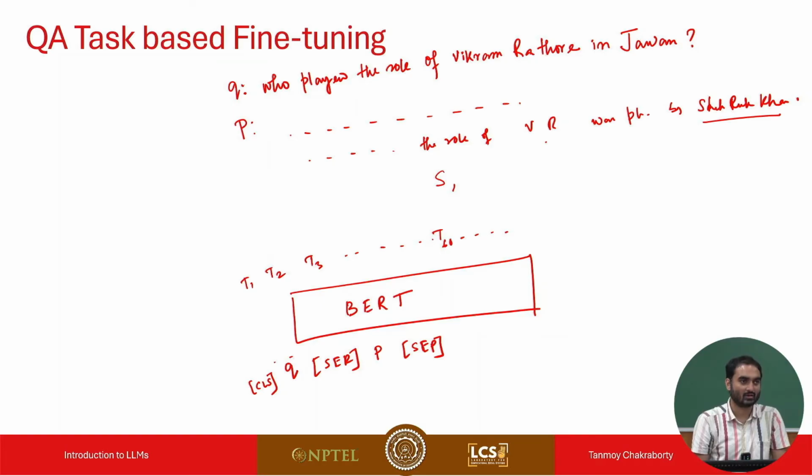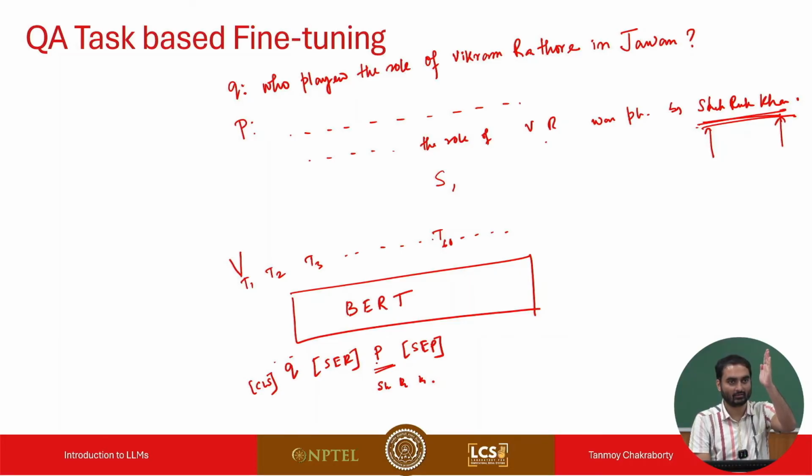Then you add a classification layer on top of every token. In fact, you add two classification layers on top of every token. You can think of this specific phrase as a span: this is the start of a span, this is the end of a span. In this passage, there is the phrase Shah Rukh Khan, and the corresponding embeddings of Shah, Rukh and Khan will be present here.